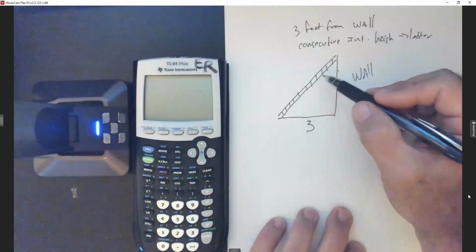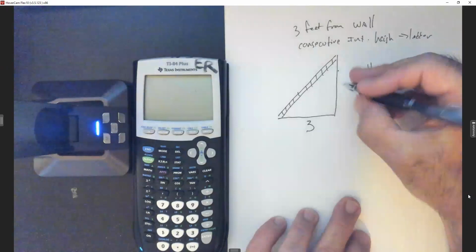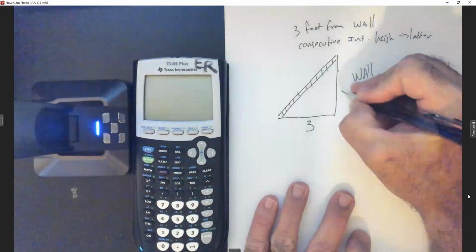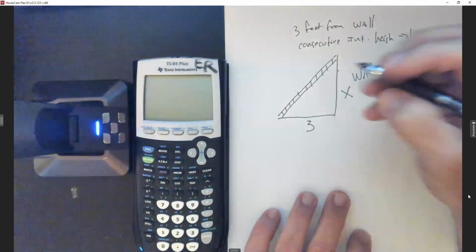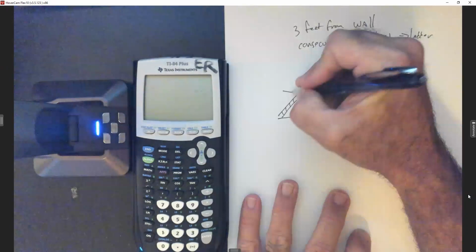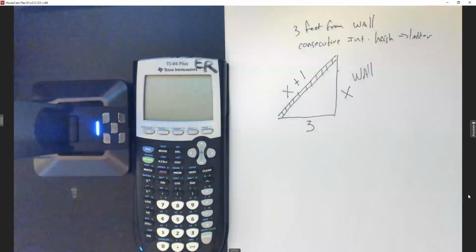So that means if I let the wall be x, consecutive integers would be x plus 1. Okay, so consecutive integers means numbers like 1, 2, 3. To be consecutive, it'd be in a row. So to go from one integer to another, you add 1.